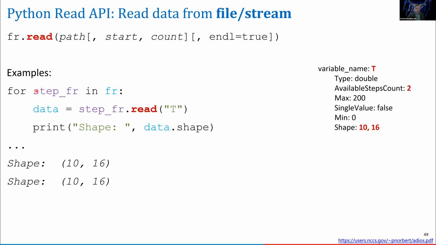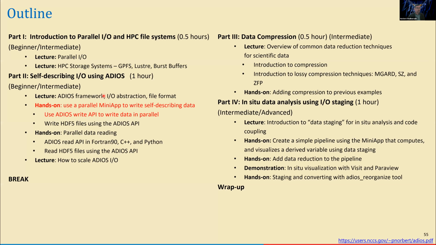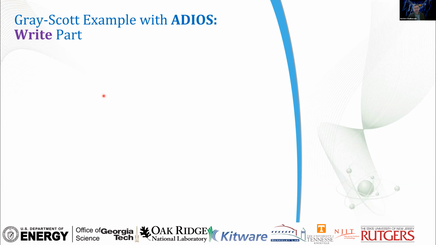If you look at the Python code in the example that I'm showing later, this is all it takes to add a Python analysis or visualization script into an ADIOS stream. So this is able to use the streaming engines and get the data directly from an application and read it step by step.